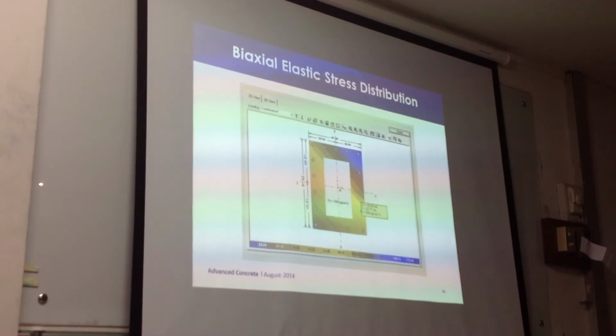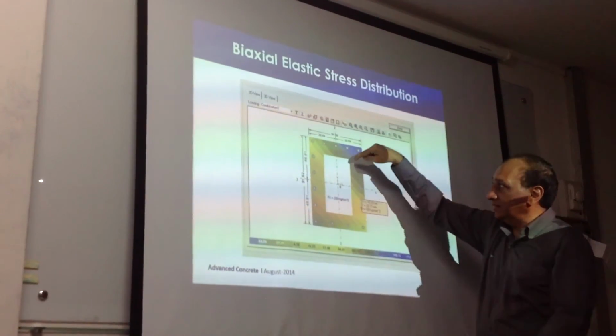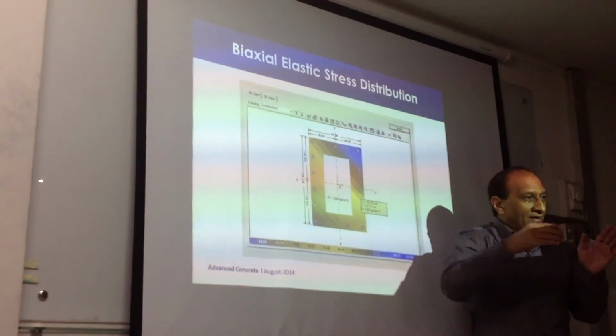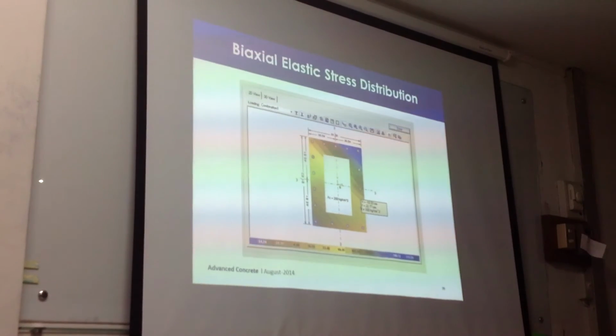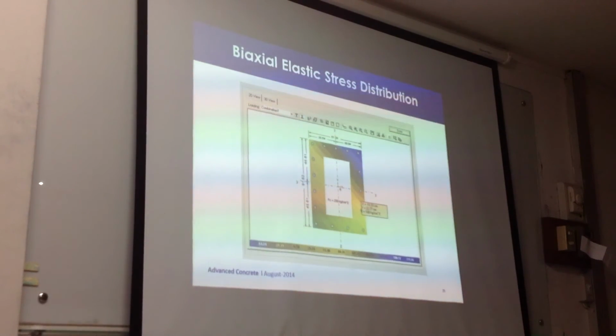Because why not? Because let's say you apply a load moment here, so load is acting in this location, right? And you get a strain of 0.002 or 0.02, for example 0.02. Now according to the elastic rule, you can calculate the corresponding stress. 0.02 multiplied by modulus of elasticity, you get the stress. But that stress may not be matching with the stress strain curve that we have, so that stress has no meaning, correct?